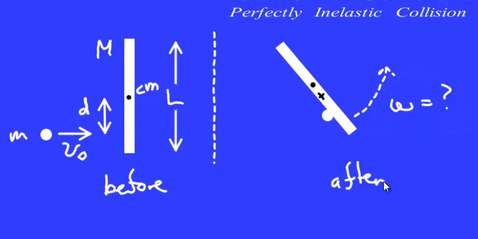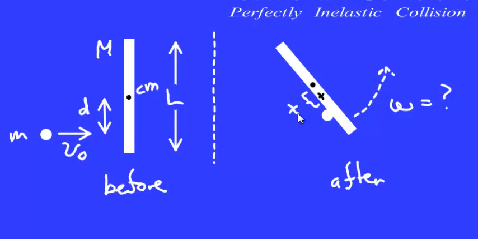This type of problem is quite challenging, and that's because of that little black X that you see on the rod. That black X represents the new center of mass of the rod-putty ball system, because when that ball attaches itself to the rod, we actually have a new center of mass that shifts a little bit.